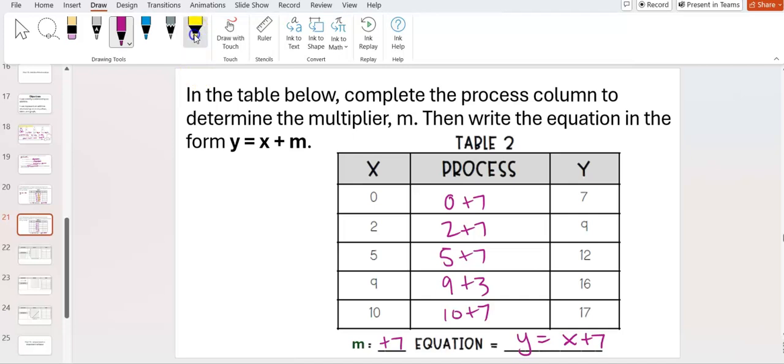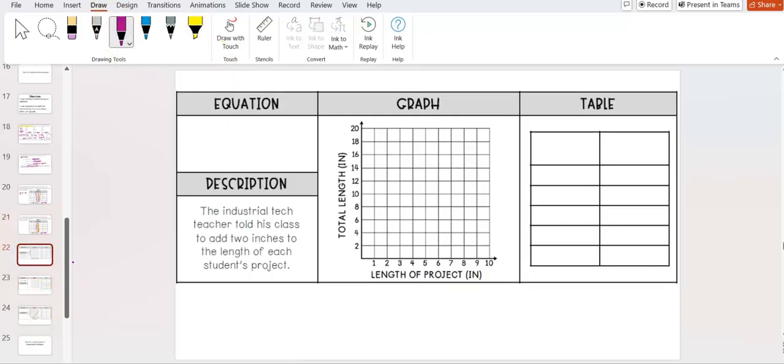All right, you should have figured out that we are adding 7 every single time. So our m, our constant, is plus 7, and our equation is y equals x plus 7. All right, let's put this to use with a word problem here. The industrial tech teacher told his class to add 2 inches to the length of each student's project.